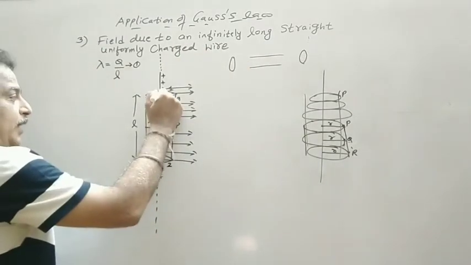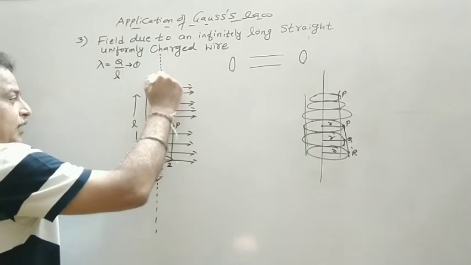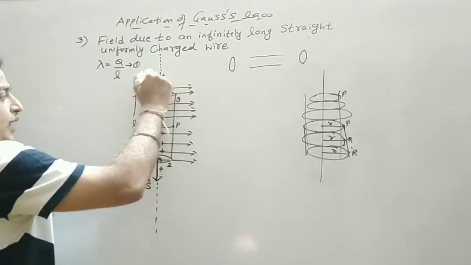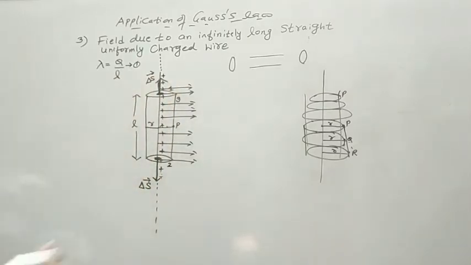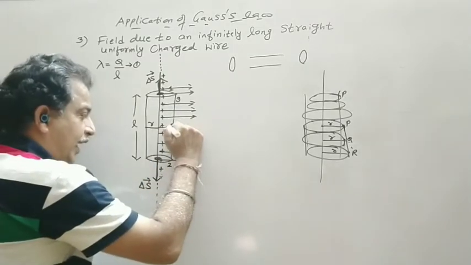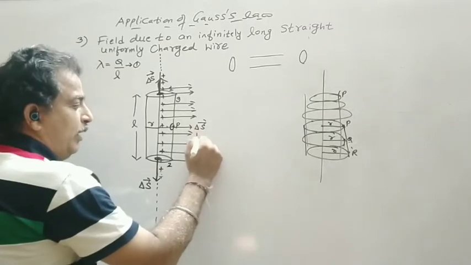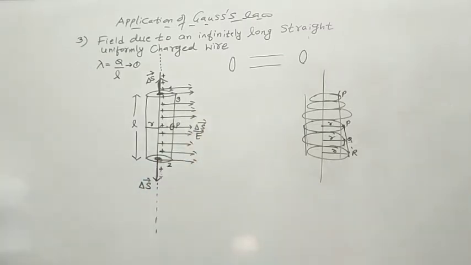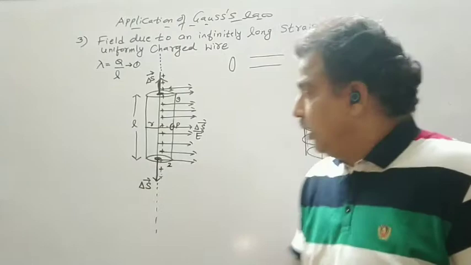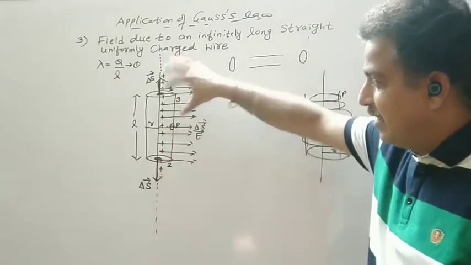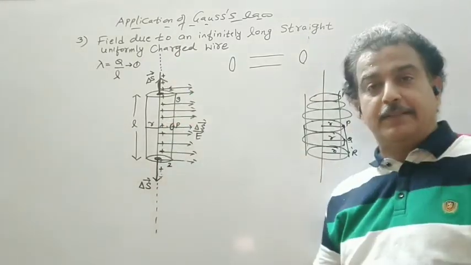For this element, the area vector is in the upward direction. And for a point Pi, if I take an element delta S vector, it will be in the direction of the electric field intensity. So clearly, again the Gaussian surface is divided into small elements.